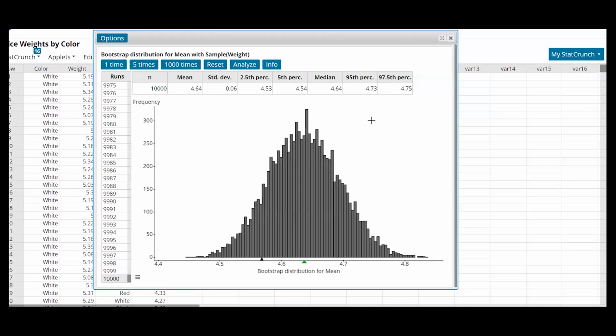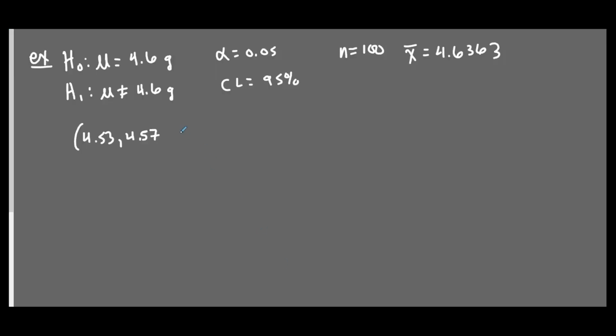Okay. So we're 95% sure that the population mean is between 4.53 and 4.75.